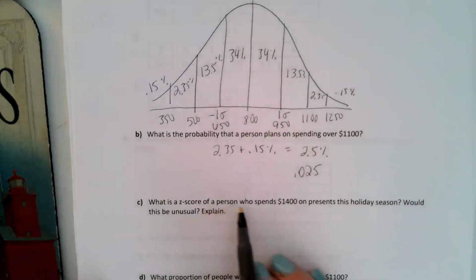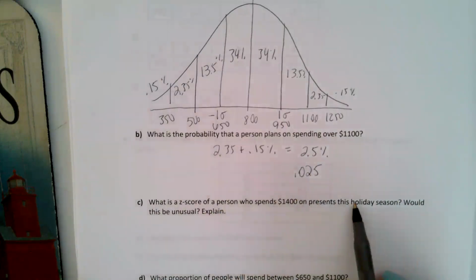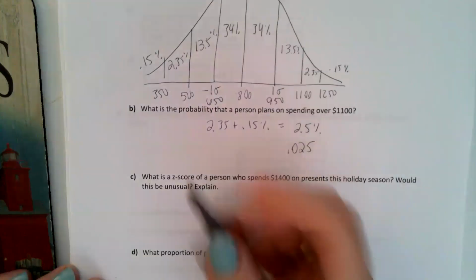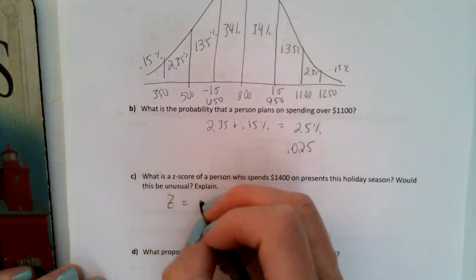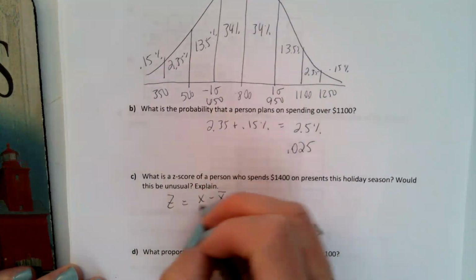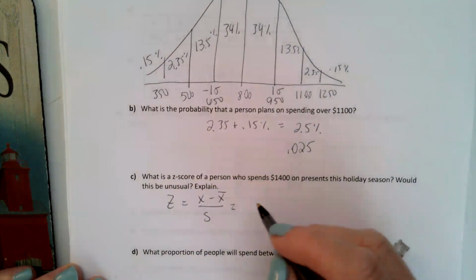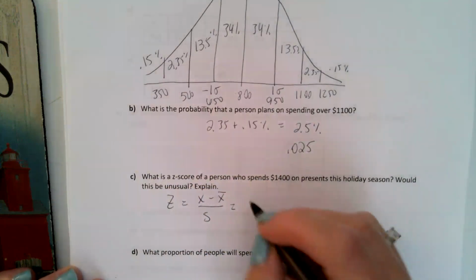What is the Z-score of a person who spends $1,400 on presents this holiday season? Would this be unusual? A Z-score is taking the observation and subtracting the mean and dividing by the standard deviation. So we're looking for the average number of standard deviations they are above or below the mean.